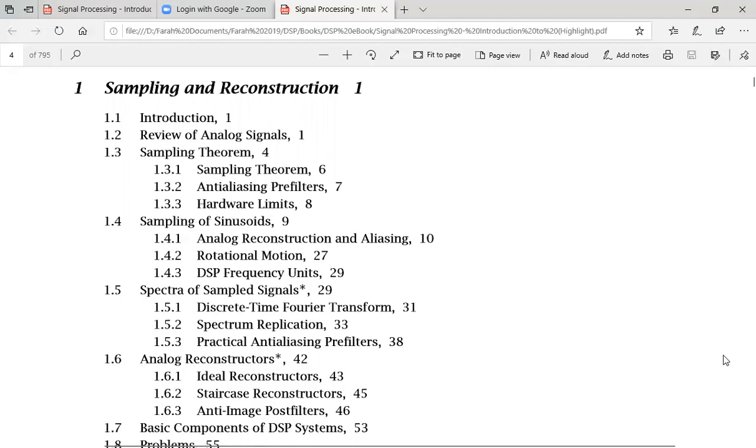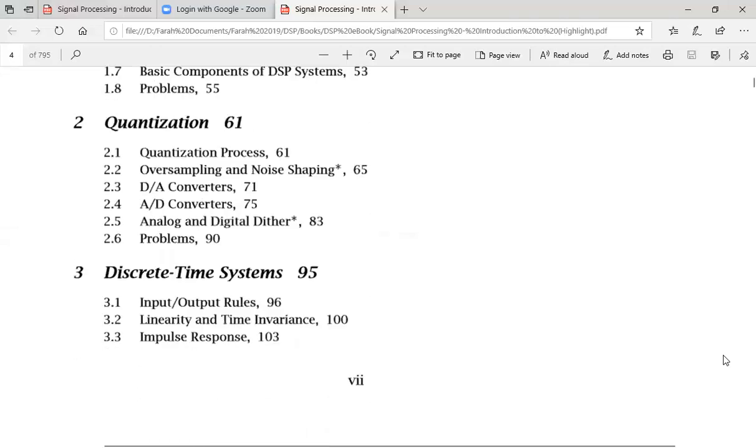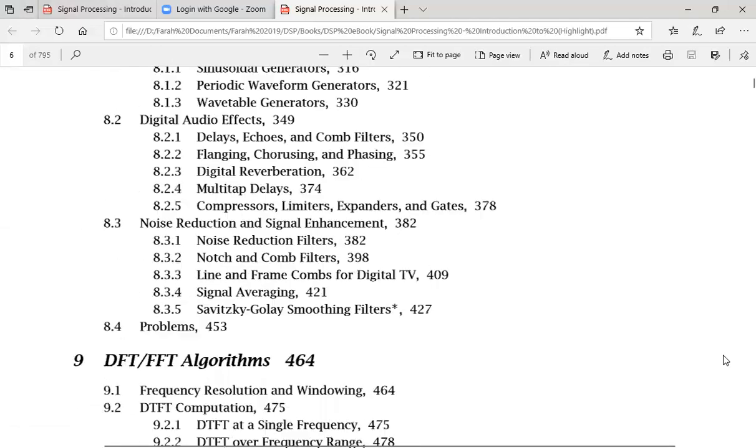After processing your signal digitally, the signal would need to be reconstructed back. That's why this reconstruction would be there. In this case, we will follow these items, sections and subsections that are listed here. Now, let's start from chapter 1.